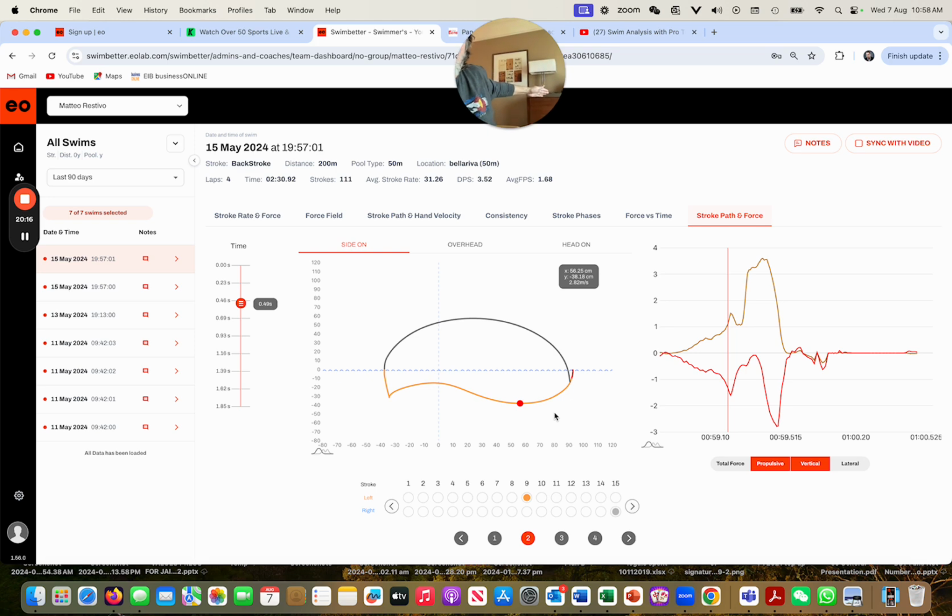So we don't want this to happen, and it's this that's generating this. And that's why we're getting so much downward force at the front end of the stroke. And then as we go through a bit further, here you can see where we're just about to hit this rise and then go down to finish the stroke, to close it out. This is where he's generating this downward force, which again, I think there's probably too much.